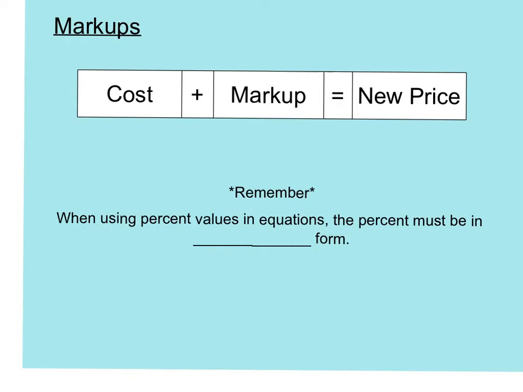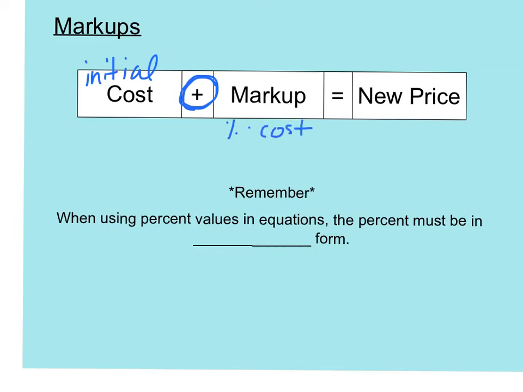Once more, when we're dealing with markups, we're going to start with the initial cost of our item. But then rather than subtracting for a markdown, because it's going up, we're going to add. Then the markup will once more be the percentage up times initial cost.